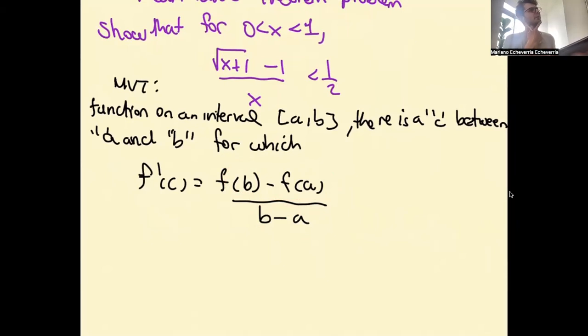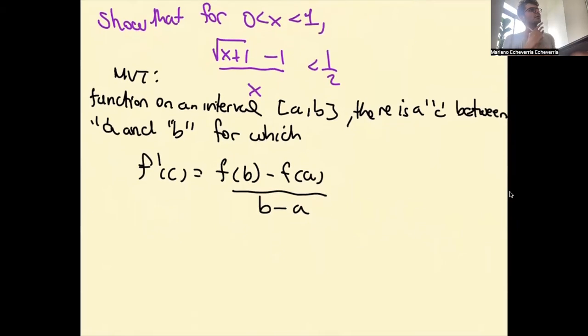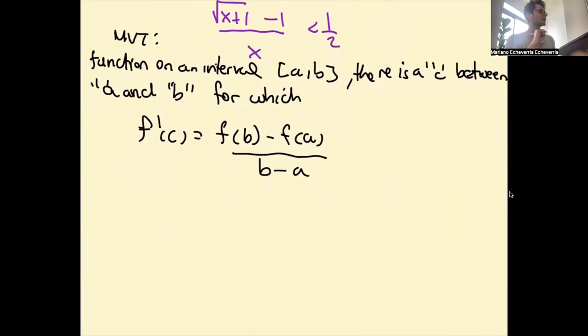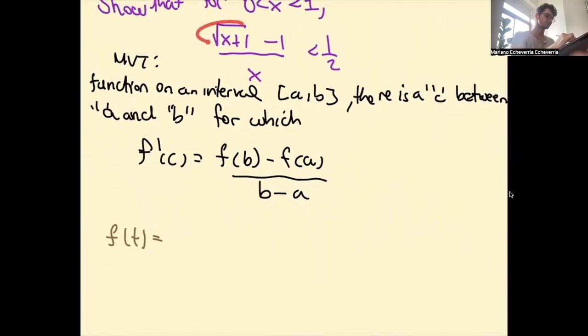I think there was a similar problem on the practice exam. What you have to do here was think of the interval as being 0 to x, which was the subtle part of this problem. The function has to come from the numerator somehow.